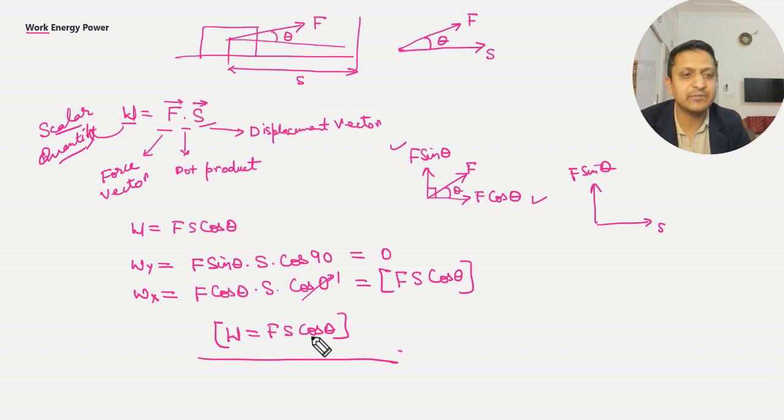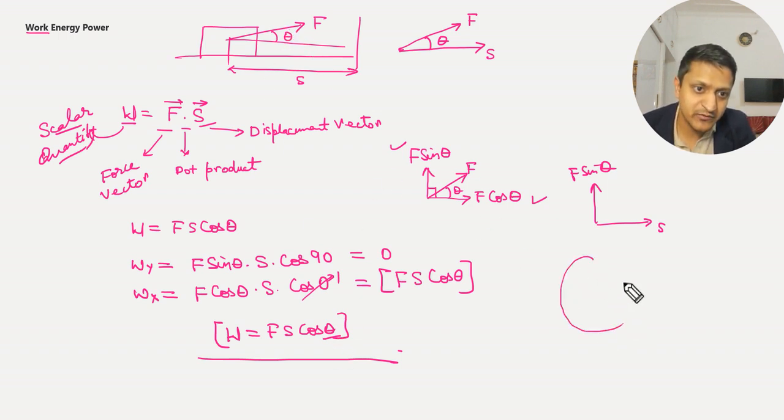So this is the concept behind why we use Fs cos theta. We always use Fs cos theta, but we never realize it is a dot product, and when we put in the values, it automatically comes as Fs cos theta. This theta is the angle between the movement and the force.